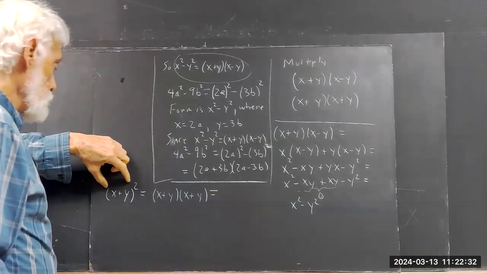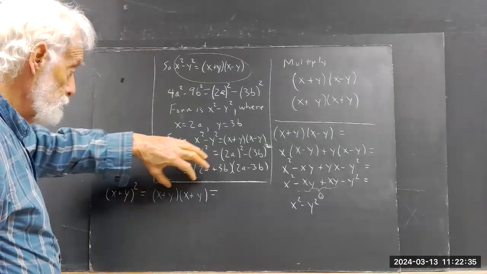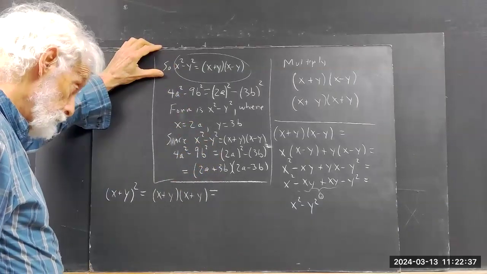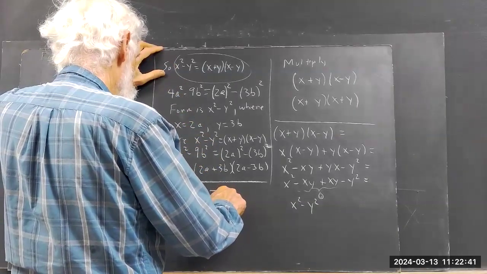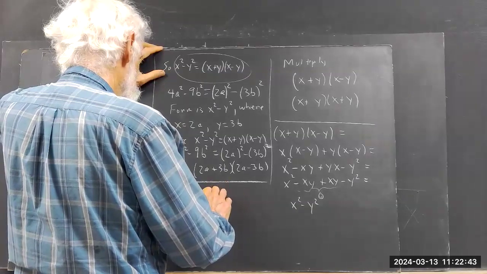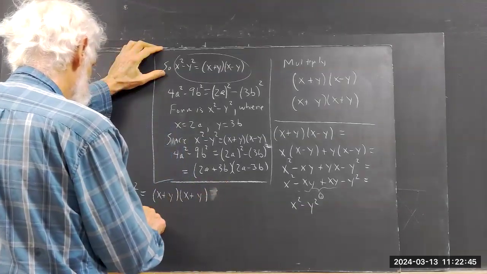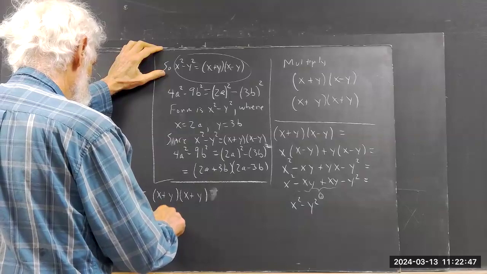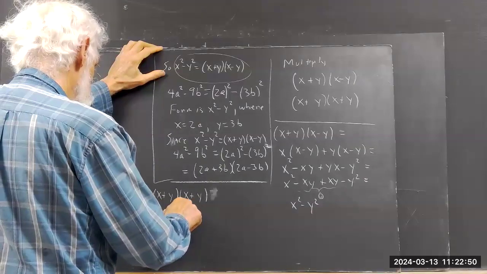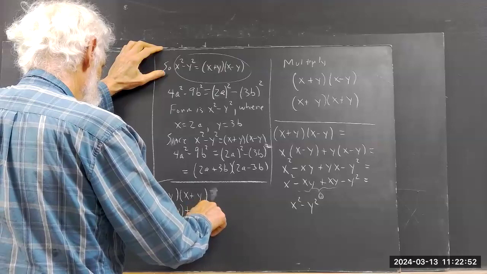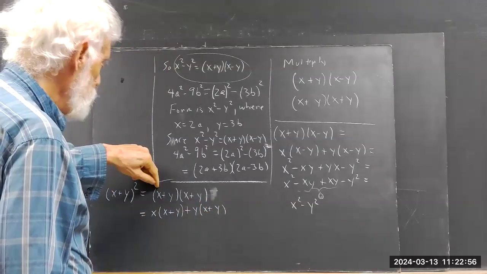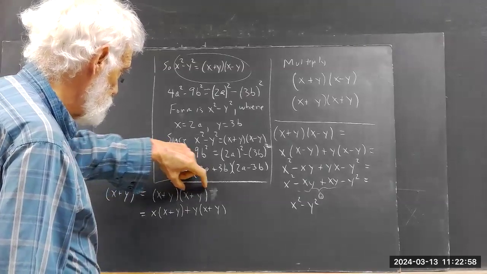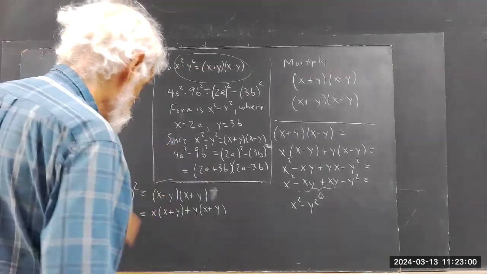Okay. The square of x plus y is x plus y multiplied by x plus y. So this is, by the distributive law, x times this plus y times this. So there's what we do.